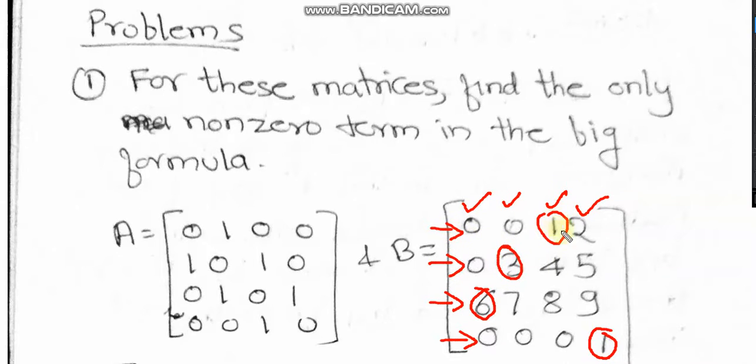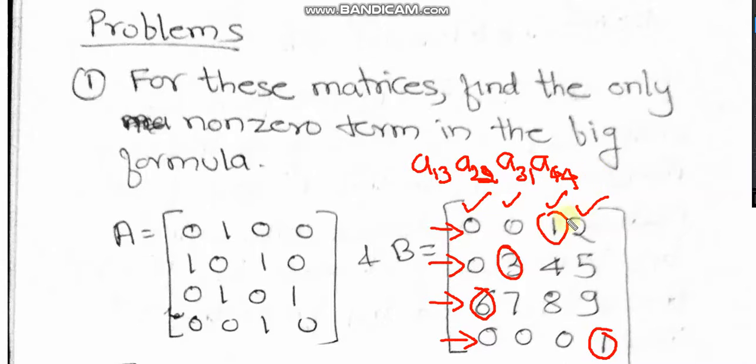In the first row, what will be the value of the combination? A13, and in the second row, second column, A22, and the third row, first column, A31, and the fourth row, A44. So these are your non-zero values.